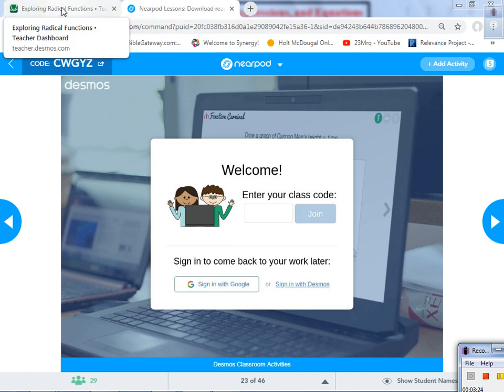Let me give you a code for that. Log in, please. With that code, it's going to take you to a screen that's going to ask you a question at the top of the screen. I want you to answer the question on your paper. Do you need to copy the question? No. Do you need to answer the question? Yes. So make sure you copy the question.